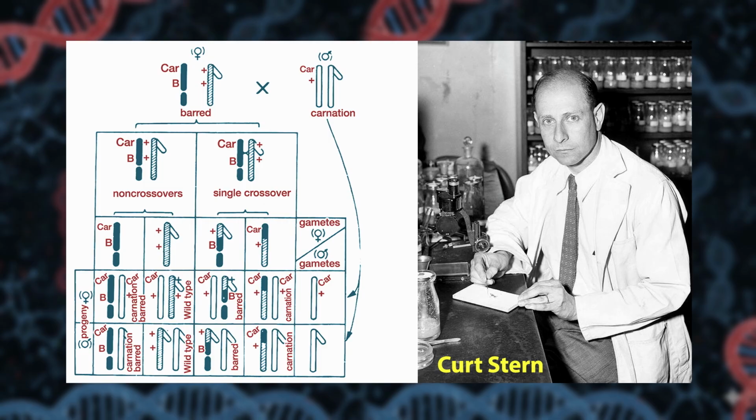When crossed with carnation males, females produced 4 gamete types: 2 parental, Car-B and plus, and 2 recombinant, Car-plus and B-plus. While males produced only parental types, since crossing over does not occur in Drosophila males.